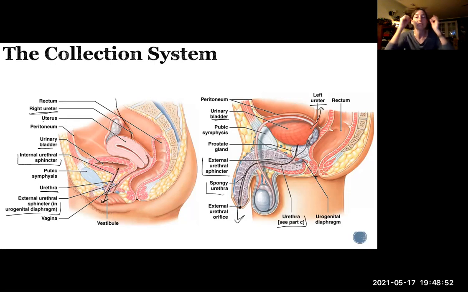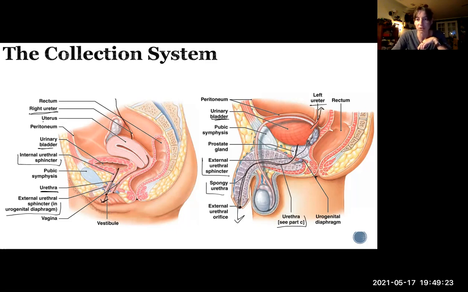Okay, so the urethral sphincters are what help you to control your bladder and when you decide to empty it. The internal sphincter is controlled by your autonomic nervous system, so it is involuntary. It's smooth muscle, involuntary. The external sphincter is the one that you have control over. So if you're holding your urine, it is the external sphincter that you're actually holding closed, and you're able to do that.